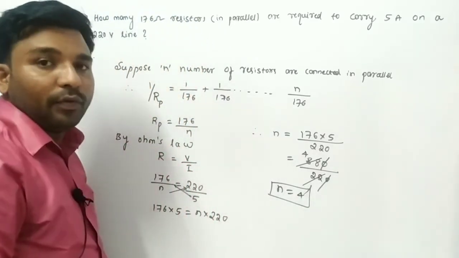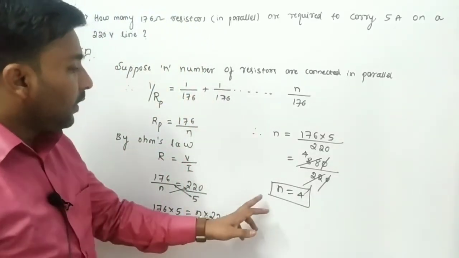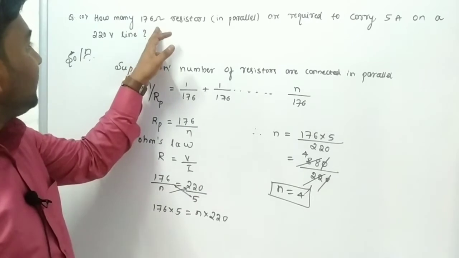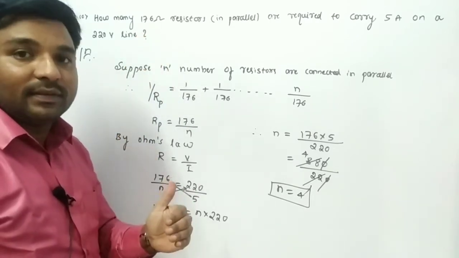n is equal to 4, which means 176 ohm resistors are required.